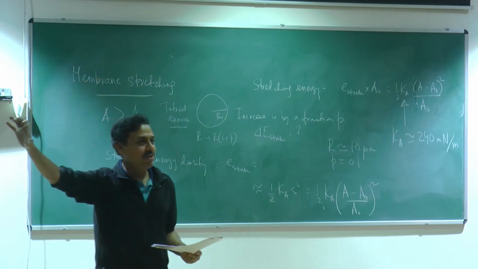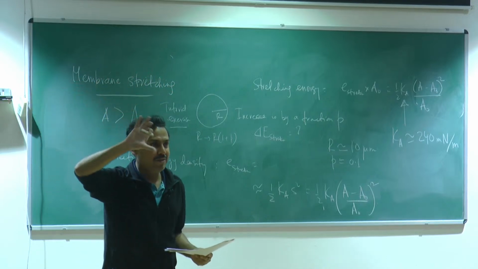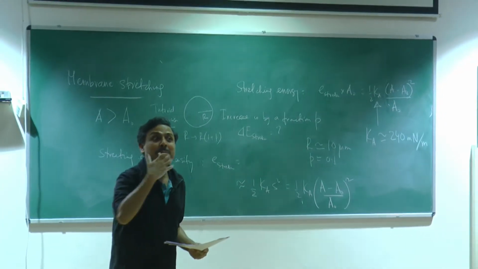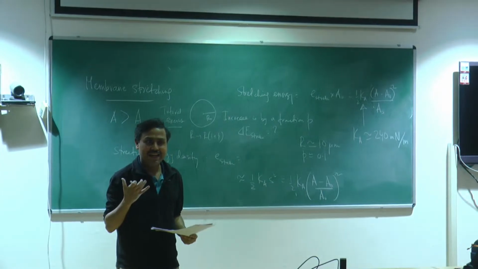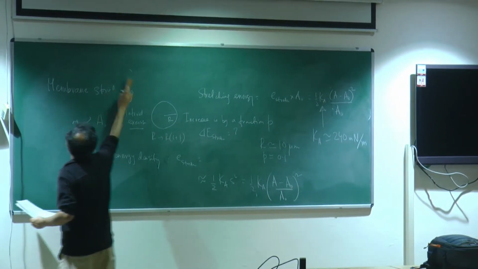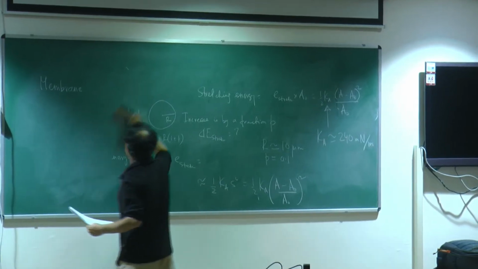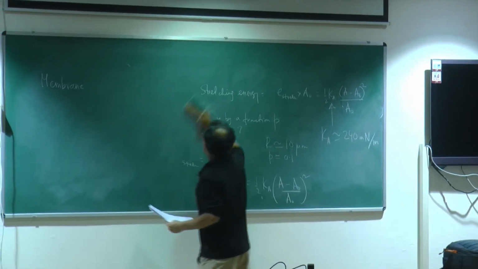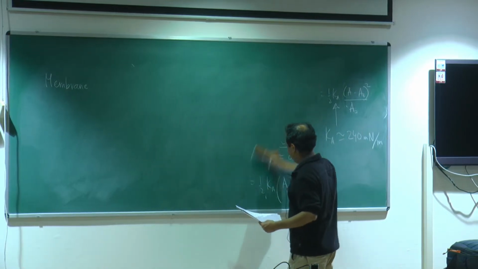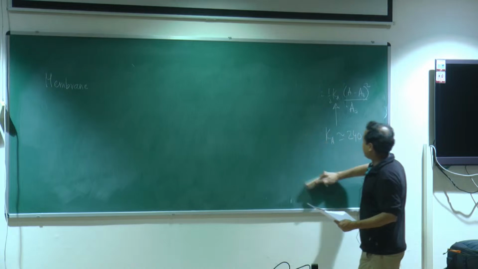So from there I got the stretching energy, done correctly. But now I also have to ask what the bending energy is that I can work out. So membrane stretching is one. What about membrane bending? Once I have done the previous exercise, this is actually pretty straightforward. Why do I say that?